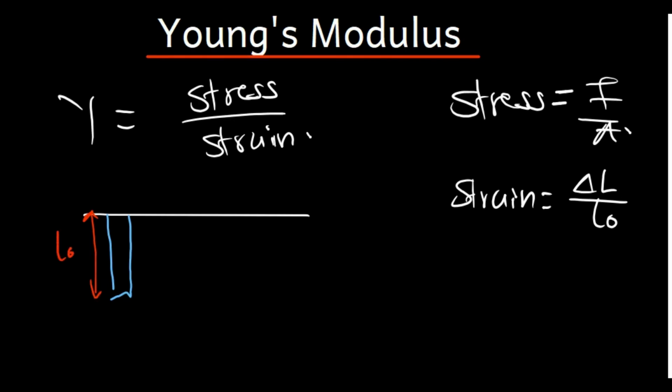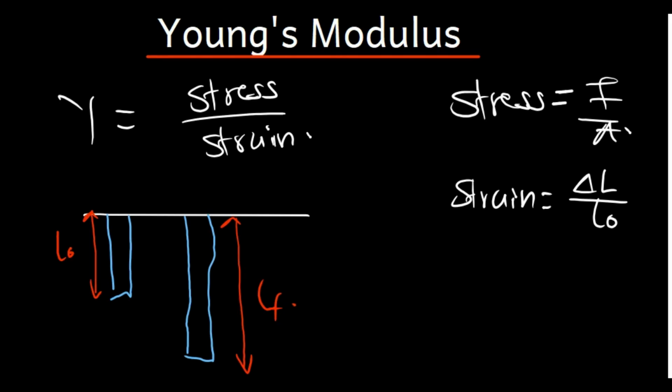Okay. Then we apply a force. We are trying to increase the length, or we are trying to stretch the wire. So this is what is going to happen. The wire will be somewhere there. The length from here all the way to down there is the L final.